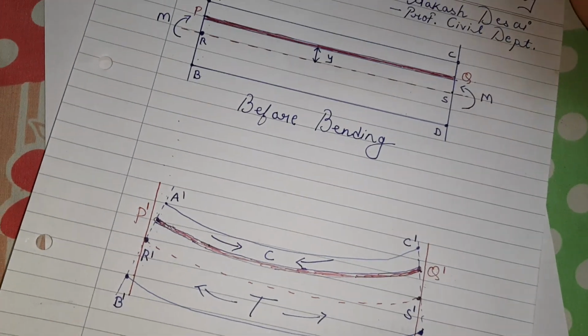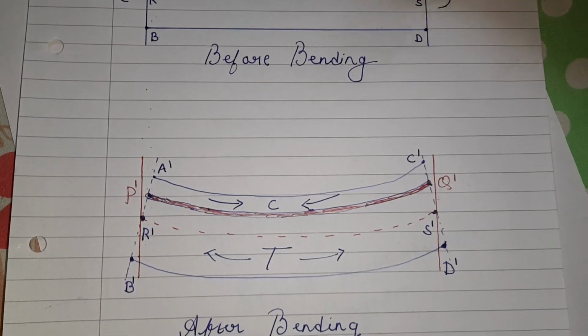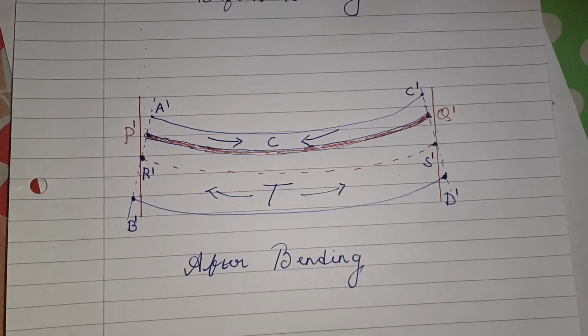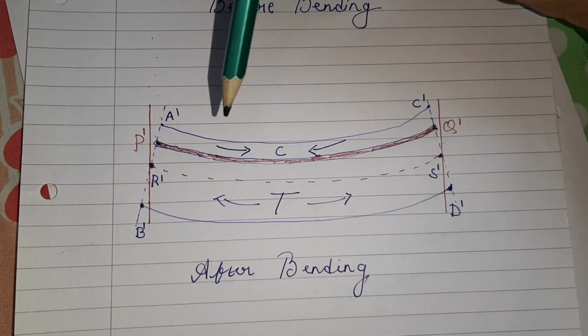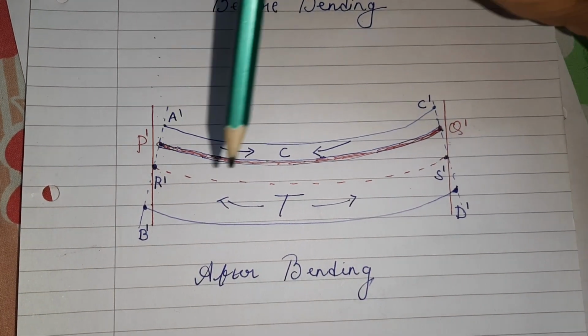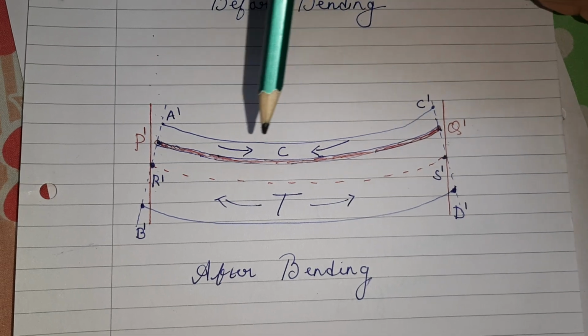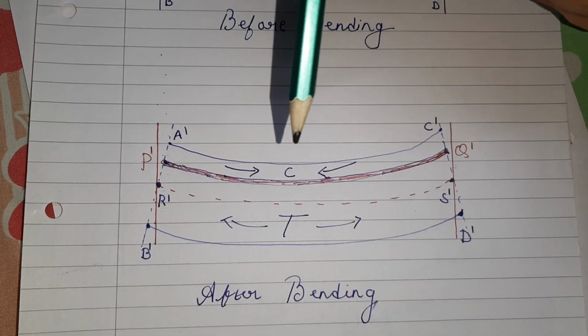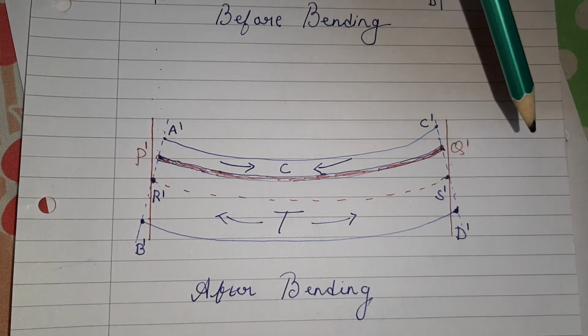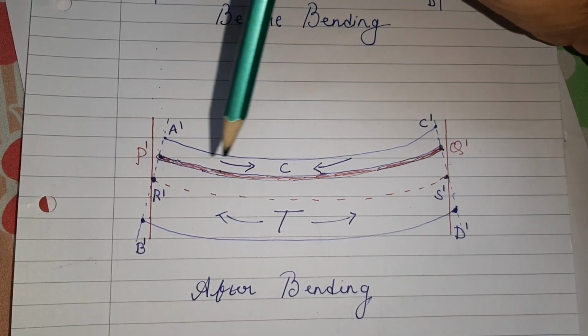Now we come to bending, like how a beam looks after bending. After bending, if you see, these portions have undergone displacement. You can see that the whole beam has undergone a curve effect.